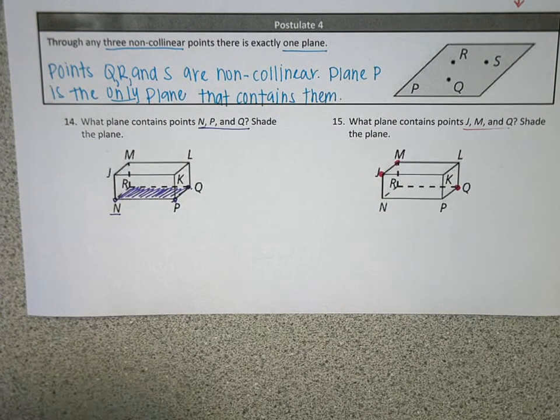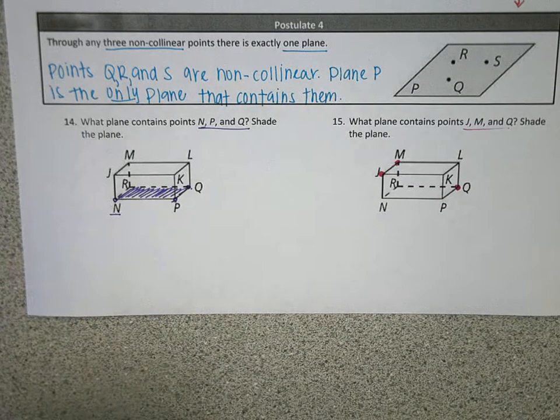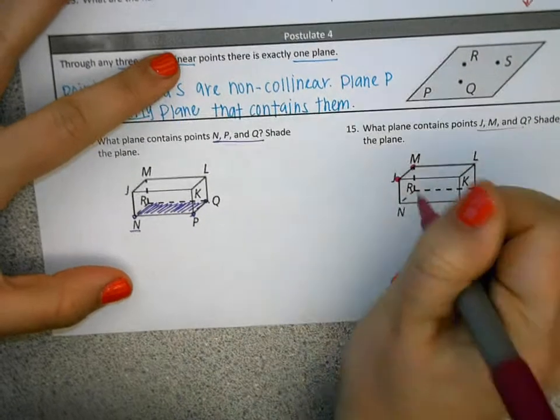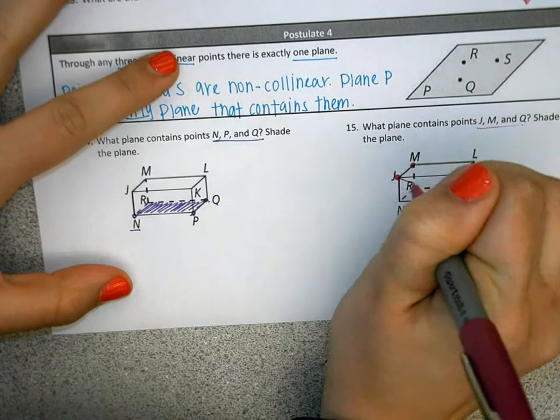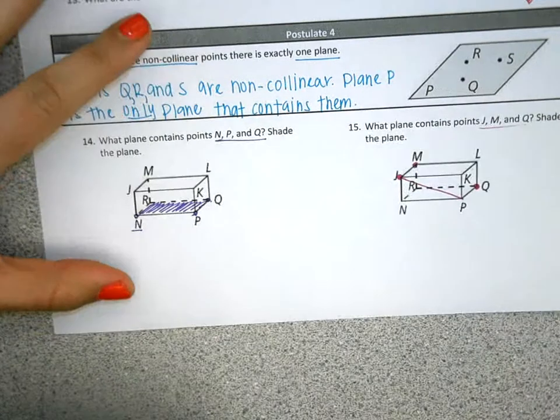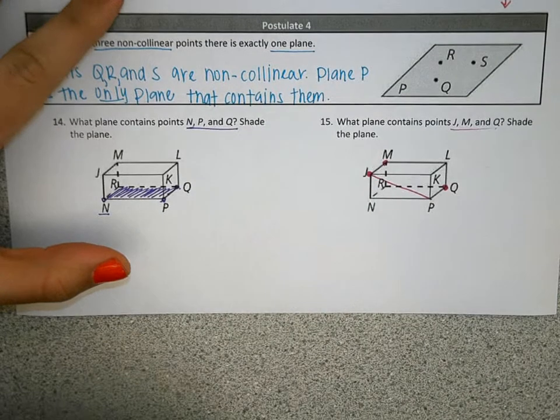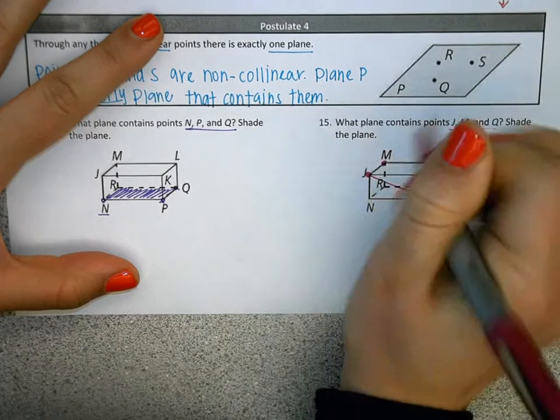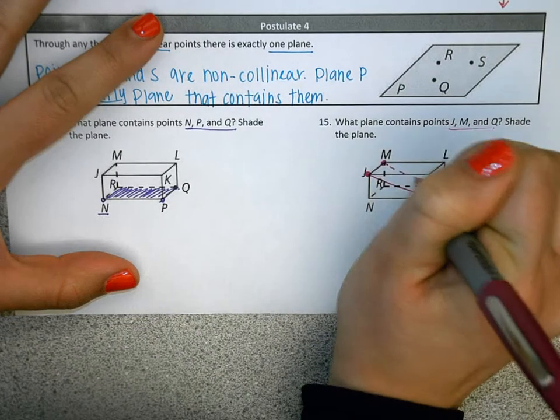There is. It's the diagonal that goes through the box. So draw with me. A solid line from J to P, and then you're going to visualize it. And a dotted line from N to Q, M to Q, because it's in the back. And that's your plane.